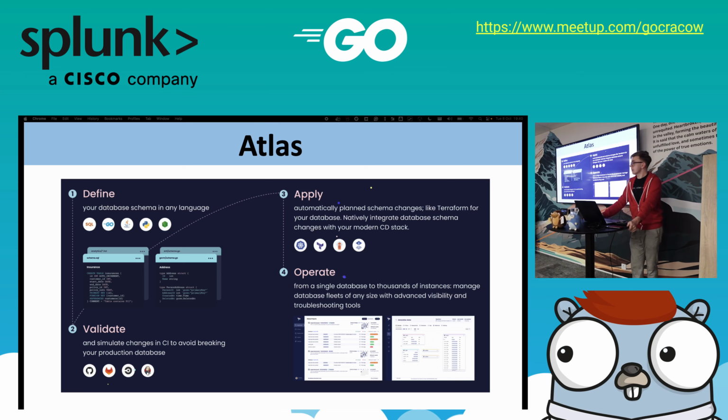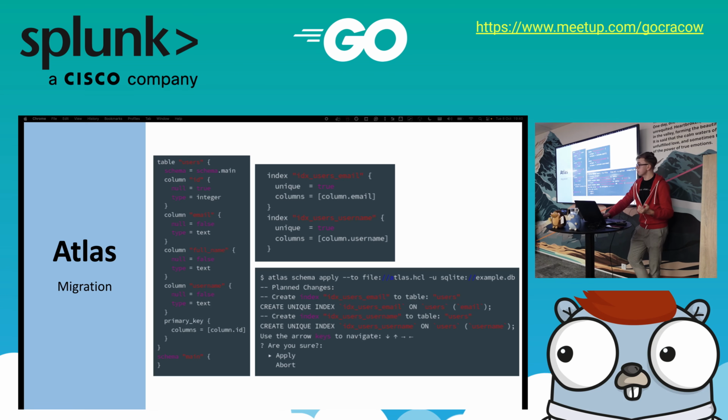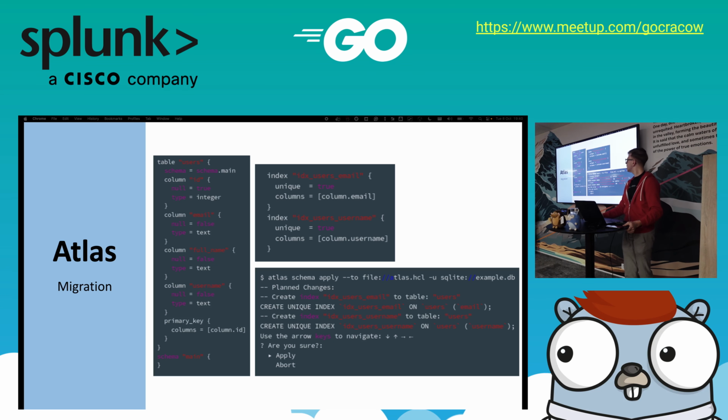And Atlas is a tool that helps you migrate databases from one state to another. It also allows you to completely not use any ORM. It allows you to specify your schema in their HCL. So this is the HashiCorp configuration language, as I remember.